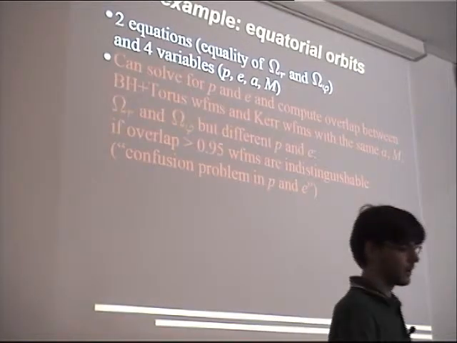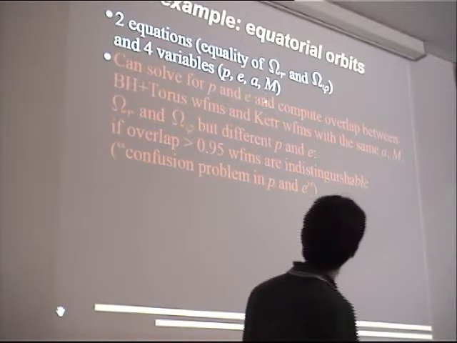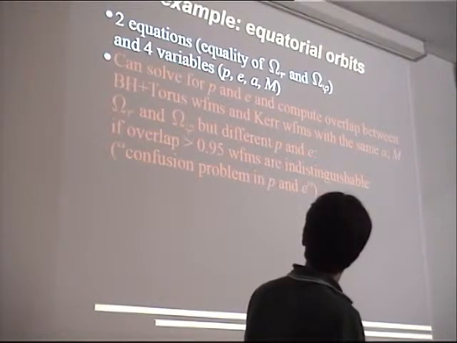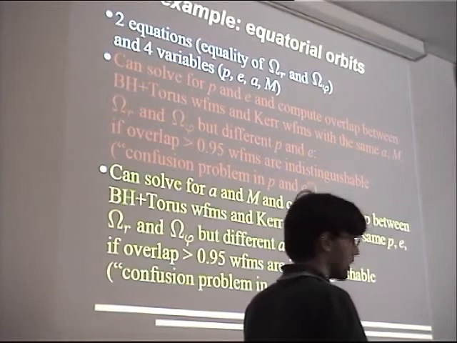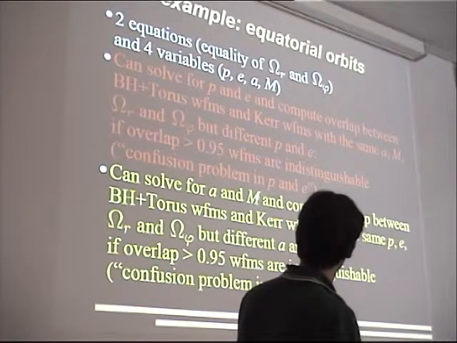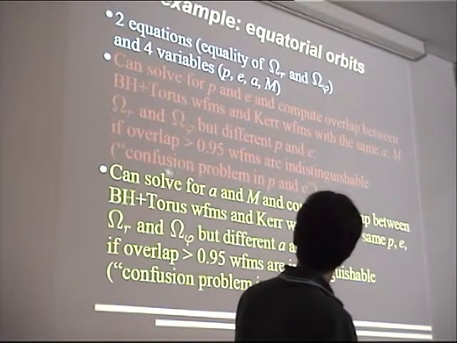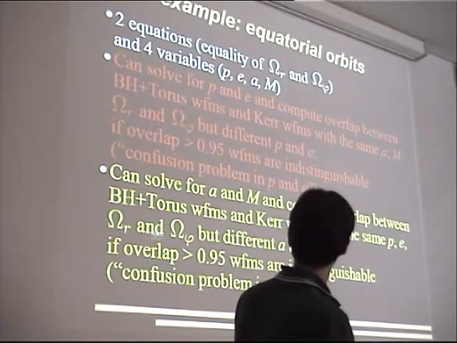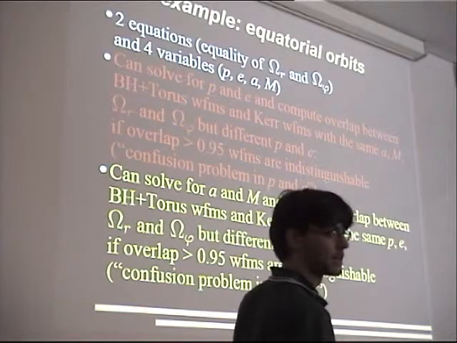So you can either solve for P and D and compute the overlaps between waveforms having the same spin, mass, and frequencies, but different latus rectum and eccentricity. Or you can solve for the spin and mass of the Kerr black hole and compute the overlap between waveforms having the same orbital parameters and frequencies, but different mass and spin.